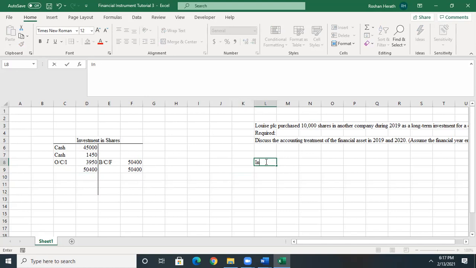It's the financial asset at fair value through other comprehensive income investment. It needs to get debited initially 45,000 plus 1,450, that is 46,450. And this is the cash which gets credited. So this is about the initial recognition.